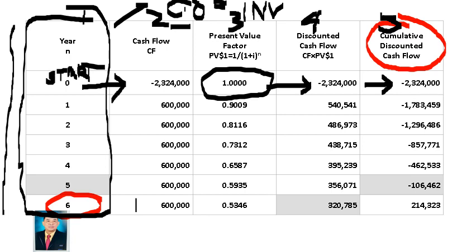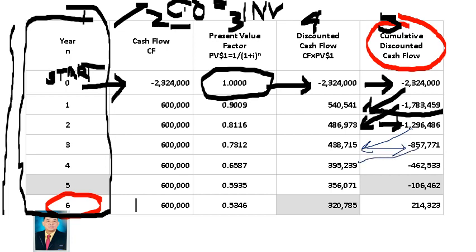So this minus this gives you this one. This minus this one gives you this difference. This minus this one gives you this one.